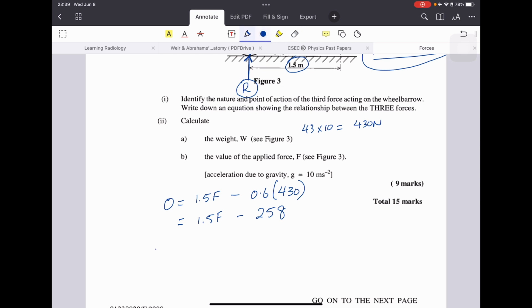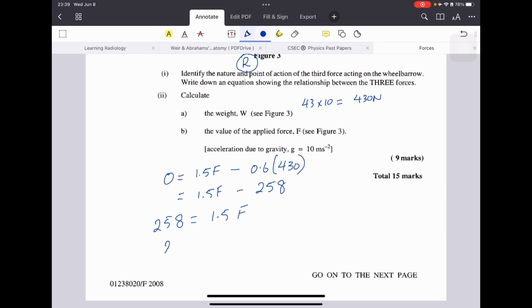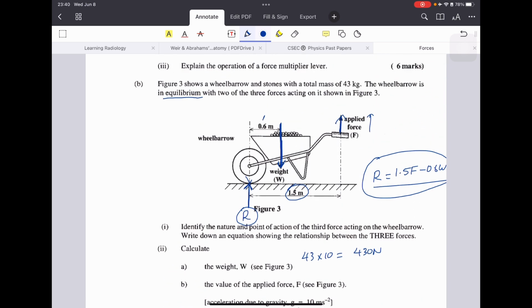So the minus 258 will become positive 258 is equal to 1.5 F, and to find F we simply move the 1.5 to the other side. So we get 258 divided by 1.5 is equal to F, and that would give us 172 newtons is F. Alright, very simple there, moments calculation.